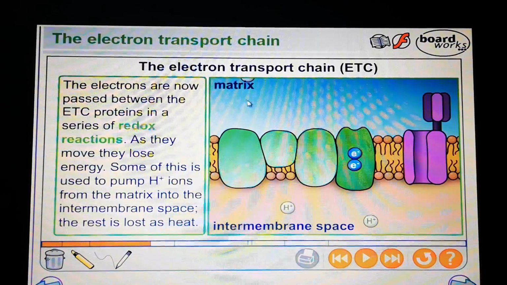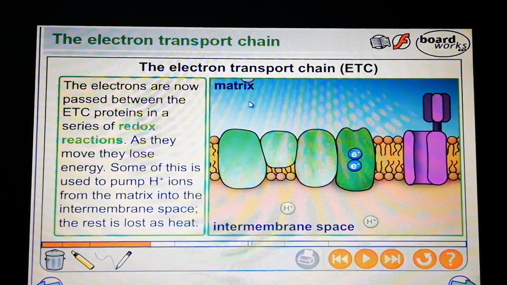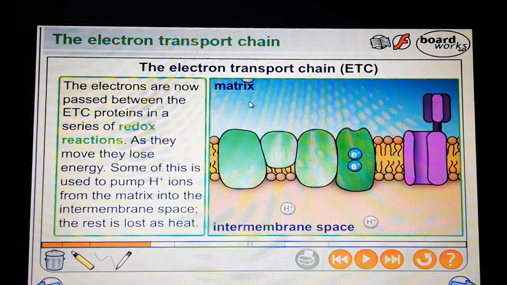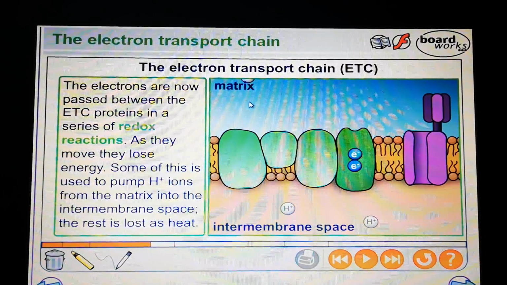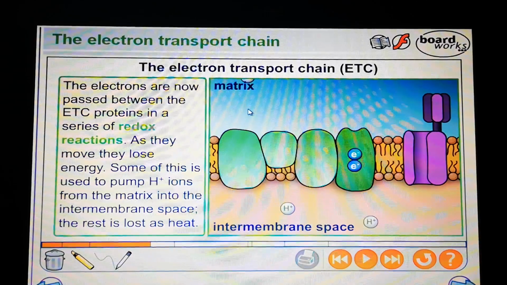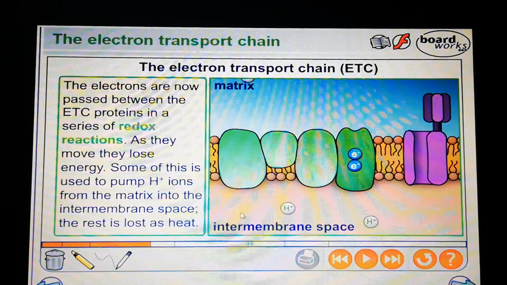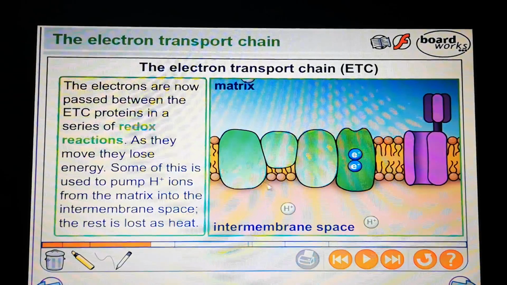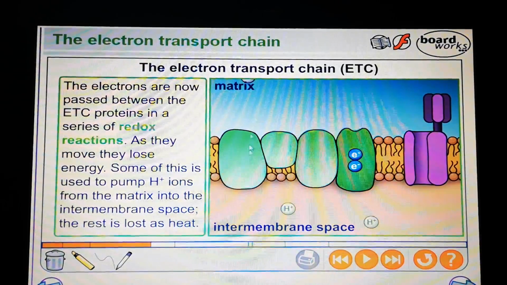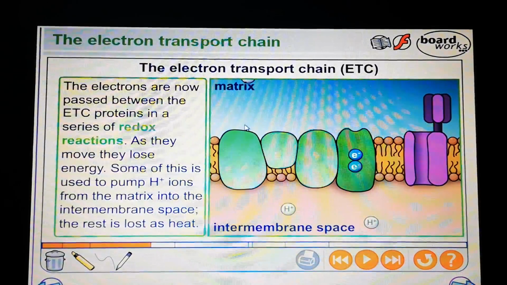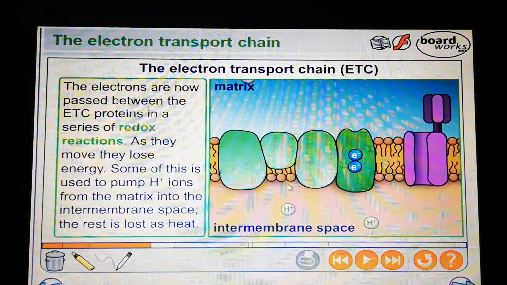So those protons that we saw split off from the hydrogen, it's those protons that are going to be actively pumped across this phospholipid bilayer. The only way that they can get across is obviously through these proteins here.